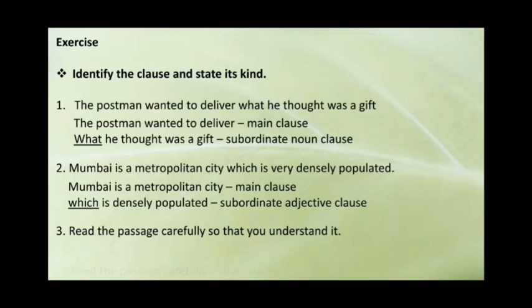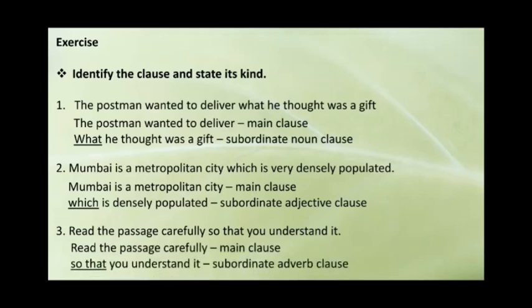Next sentence. Read the passage carefully so that you understand it. Let's divide the sentence. The main clause is read the passage carefully. Even if you read only this part of the sentence, it stands on its own. The next part, so that you understand it, is the subordinate clause. Now which type of subordinate clause is it?